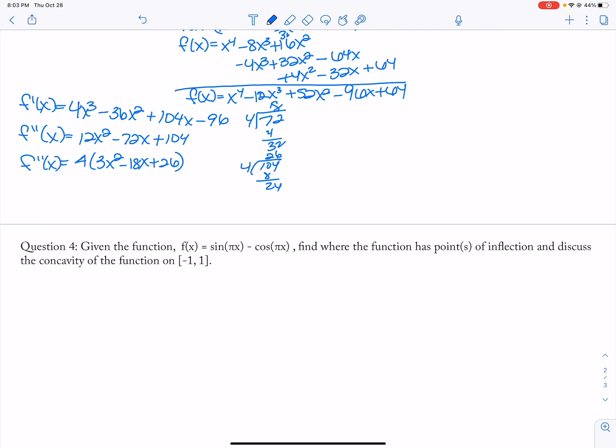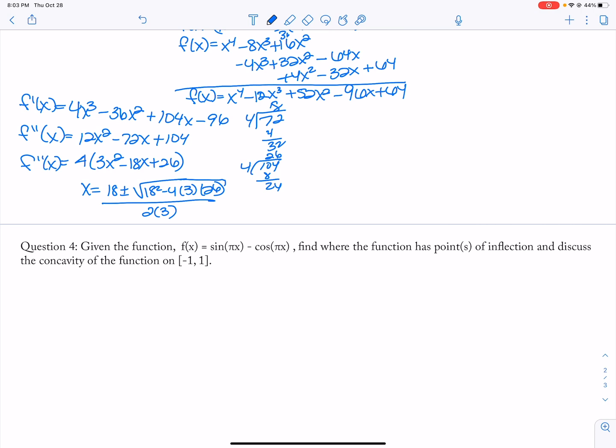So I set this equal to 0, which is going to require the quadratic formula. So negative, so 18 plus or minus the square root of 18 squared minus 4 times a times c, all over 2a.